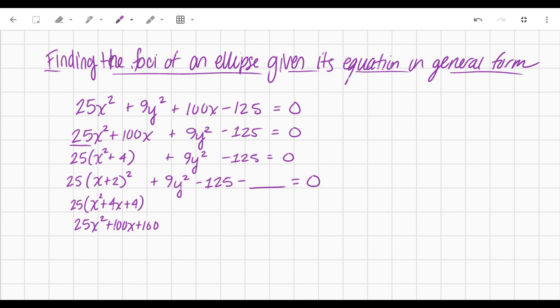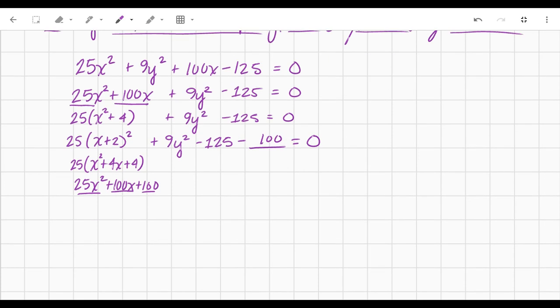So where we wanted 25x squared plus 100x, we have 25x squared plus 100x plus 100. So that means we have to subtract off a 100. Okay. All right. So now we have 25x plus 2 squared plus 9y squared minus 225 equals 0.